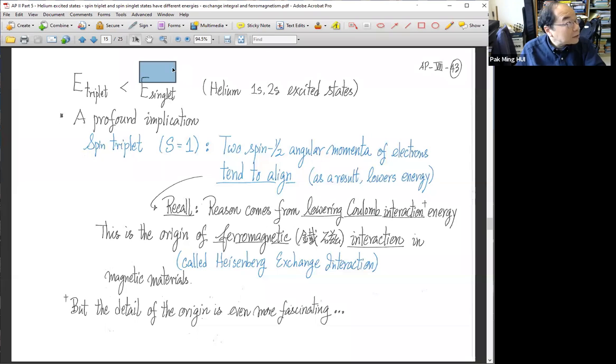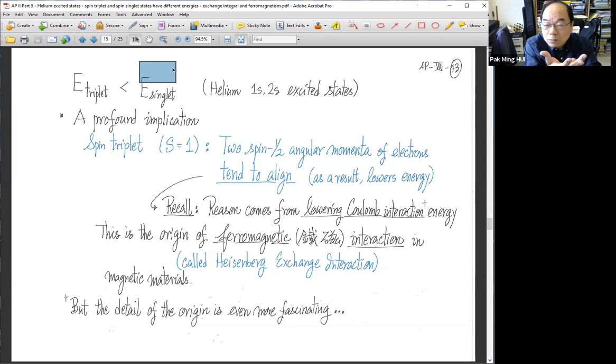Remember, S equals 1 when we add 2 spin half, the 2 individual spins tend to align with each other. They enhance each other to make the S longer. That is the triplet state. For the singlet state, they tend to cancel each other. It's S equals 0. So therefore, in this helium excited state exercise, we discovered one thing.